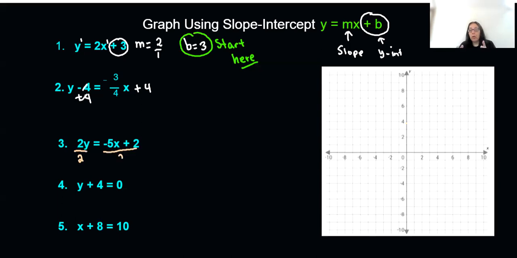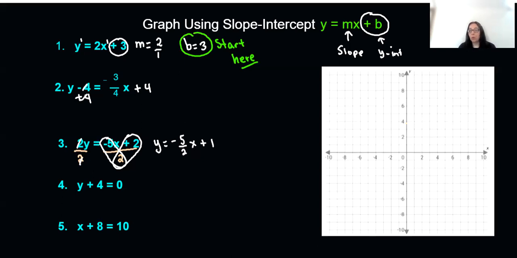And remember, the equal sign separates the two sides. So now, when we eliminate here, 2 divided by 2 is 1, so we get y equals -5 over 2x. And then we also have 2 divided by 2, which is 1, so +1.